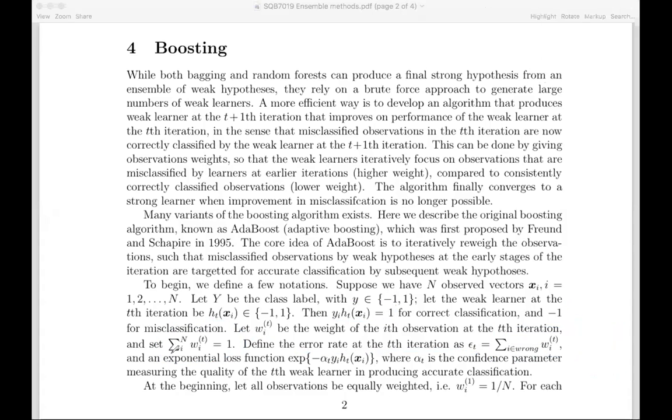And you define an exponential loss function. There's nothing weird here, and alpha is a parameter.